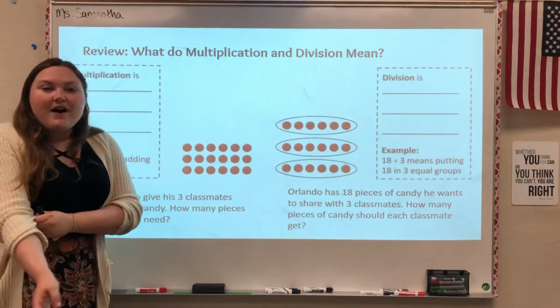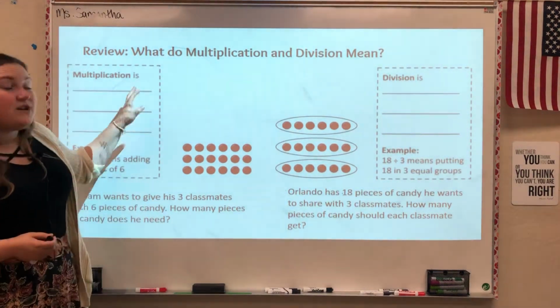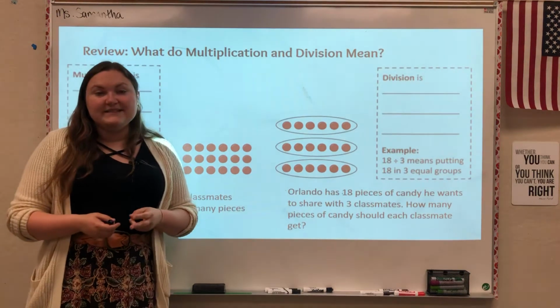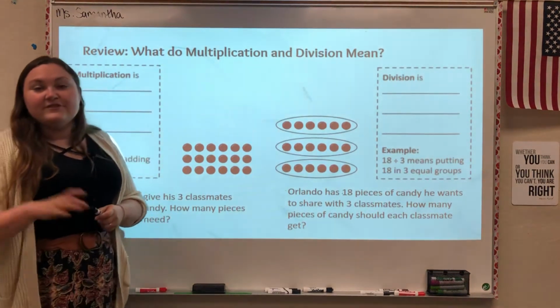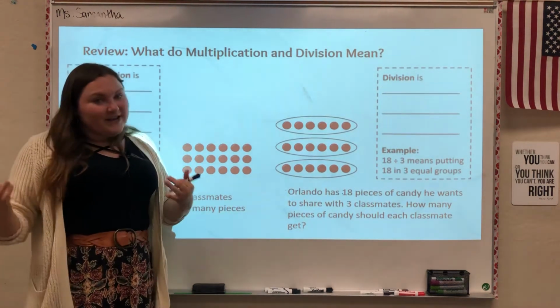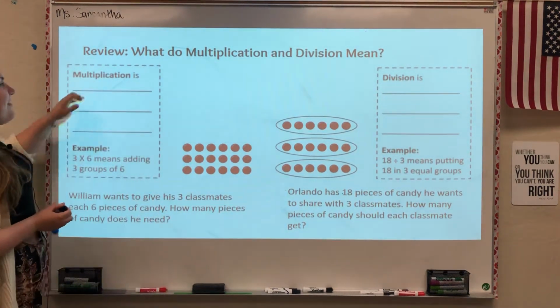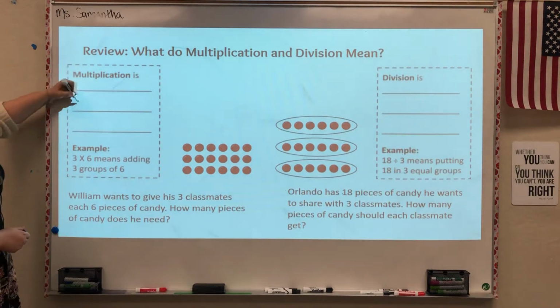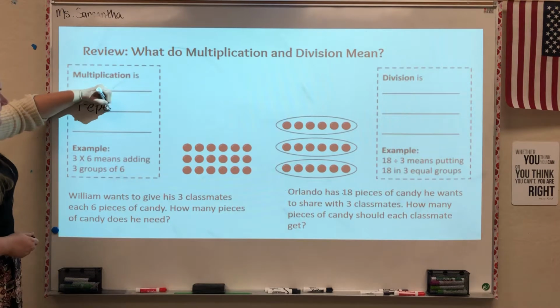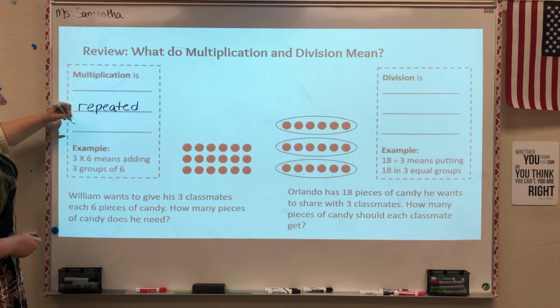To start off, I want to review some of the things we talked about in those first two lessons, specifically what multiplication and division mean. In our first lesson, we spent a lot of time talking about multiplication. One of the things we said is that multiplication is this idea of repeated addition.